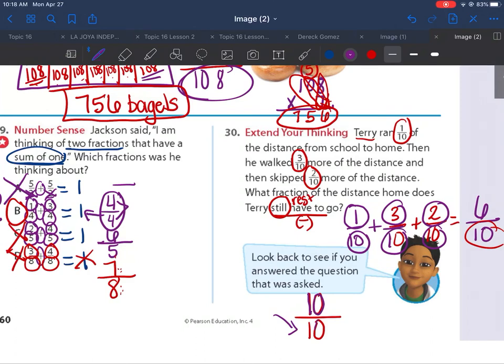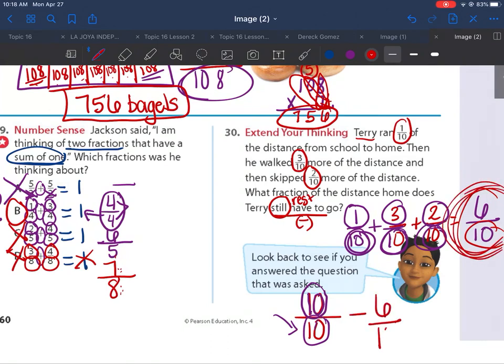I hope I'm not confusing you with this one. In this one, you had to think about the actual fraction. The denominator always tells you how many parts are in your whole. So if I have not used anything and I want the whole thing, my numerator needs to be 10. But then she walked, she ran, and she skipped.